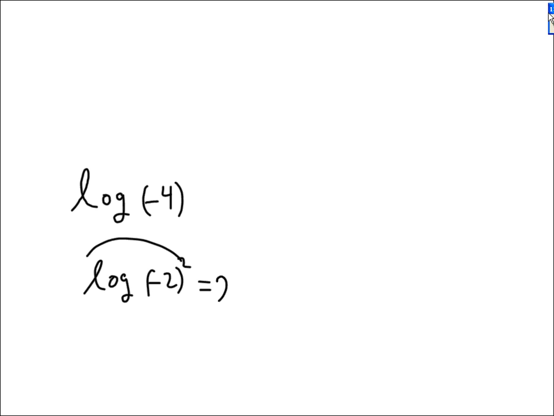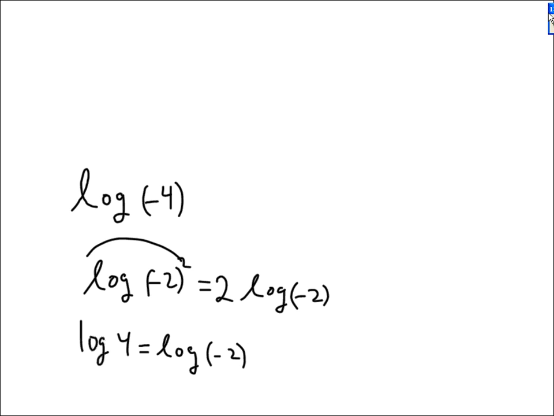I guess I know of one other place. You can't take the log of negative numbers. So, if you have the log of negative 2 squared, you cannot bring the power down. So I guess what I'm saying is you need to be very, very careful if you want to say these are equal.